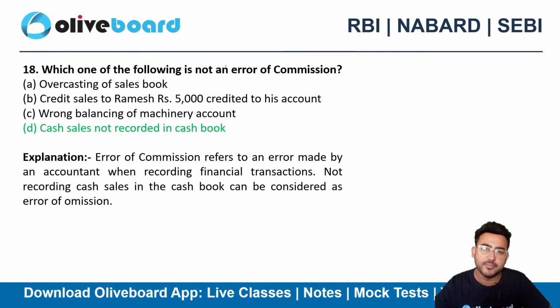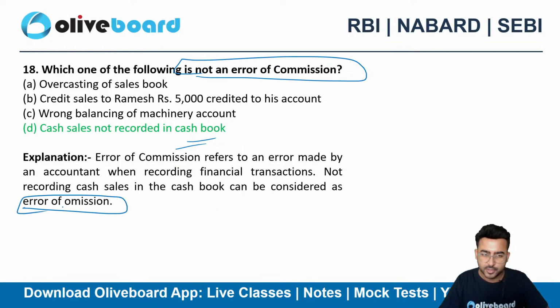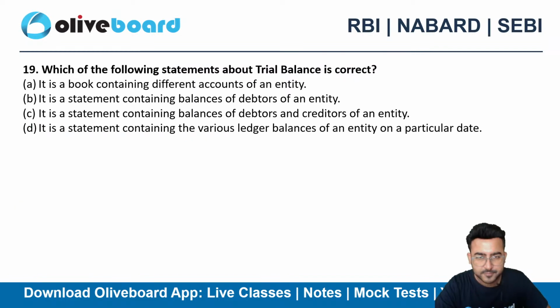This is not at all an error of commission, this is an error of omission. Okay, I have omitted to record it. I have omitted to record this particular transaction, so option D here will be the correct choice.